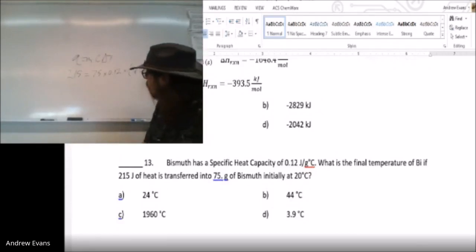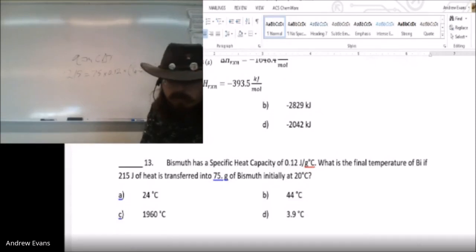But really, we want to find delta T first. So 215 divided by 75 divided by 0.12 says our change in temperature is 23, almost 24 degrees.